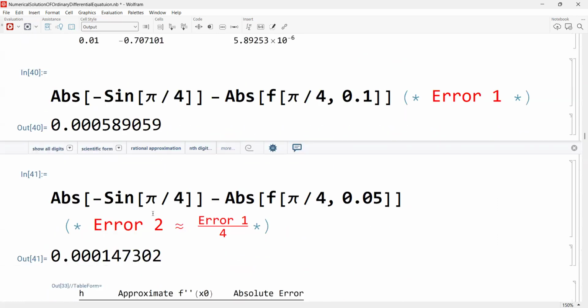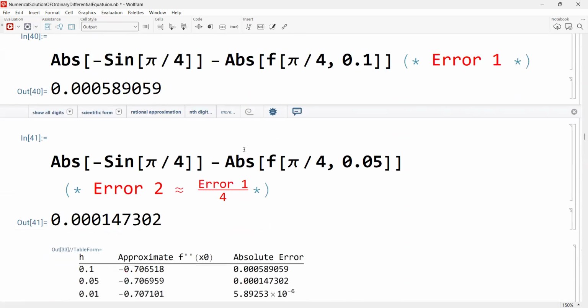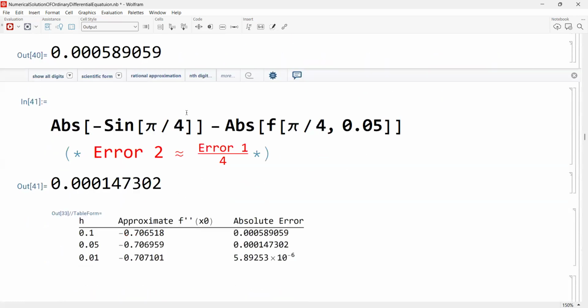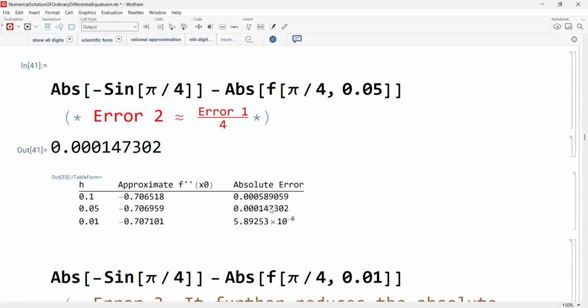So we have to subtract, for h equal to 0.05 here, from the sine of pi over 4 here. So what we have is 0.0014. So this value is approximately equal to this value.